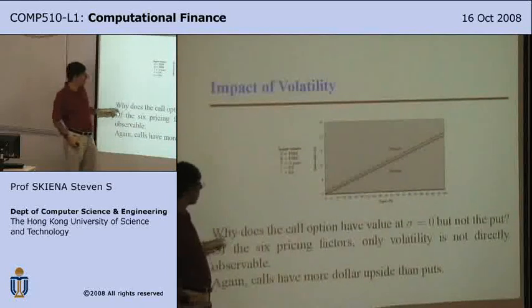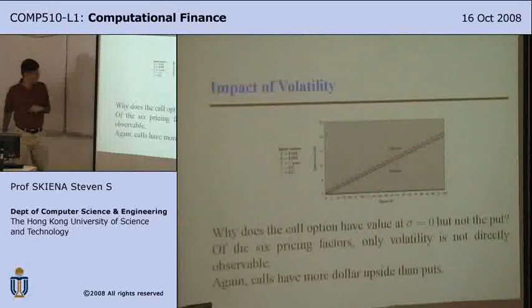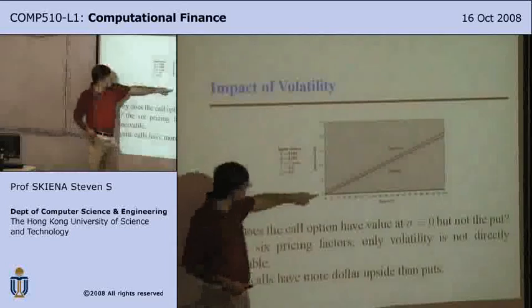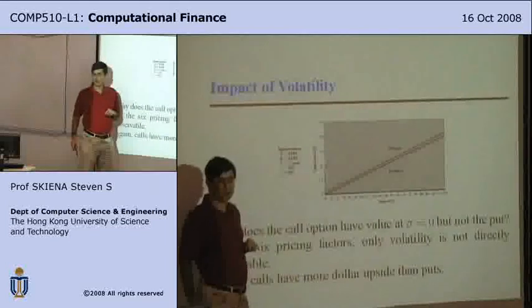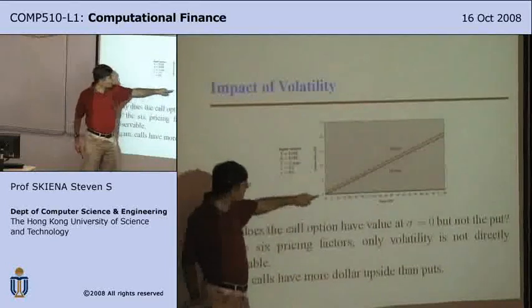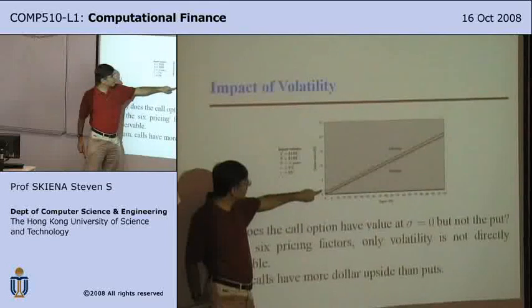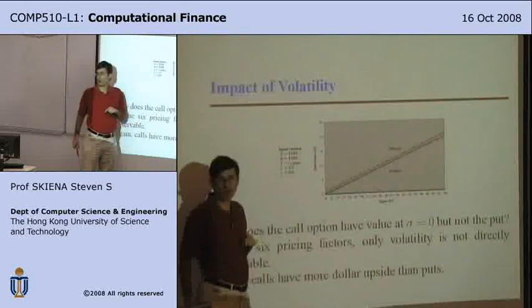Suppose there was no volatility, so the price didn't change. According to this, the put option value is 0, but the call option value is still something above 0.